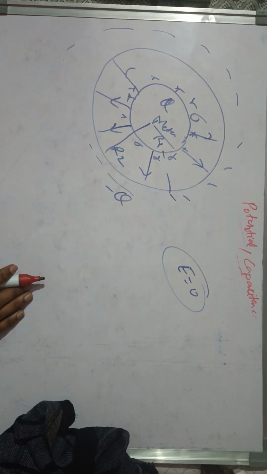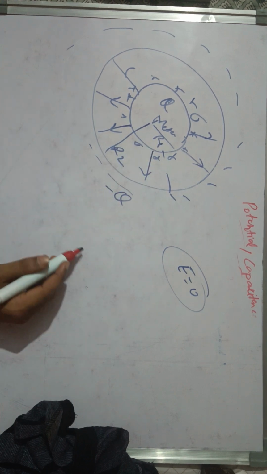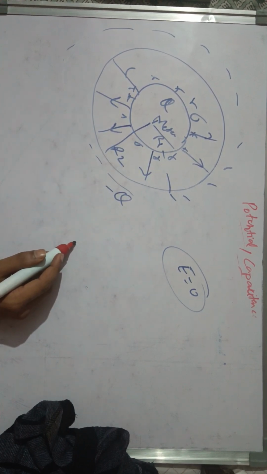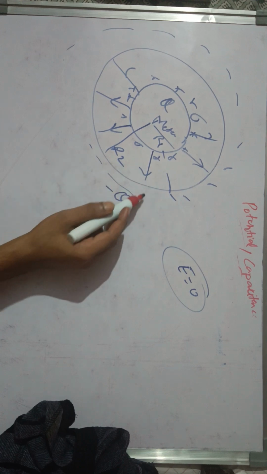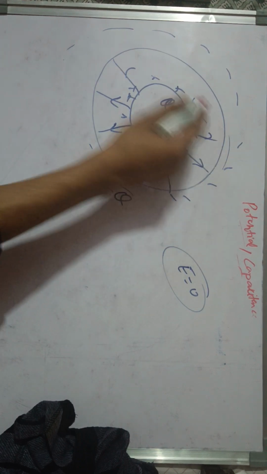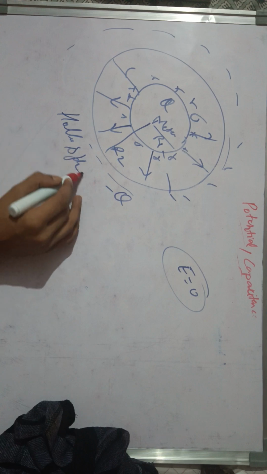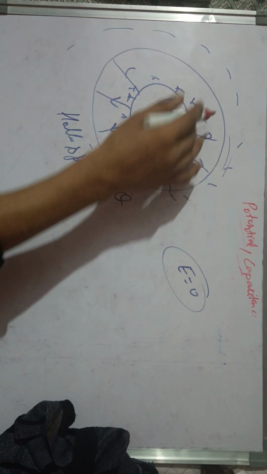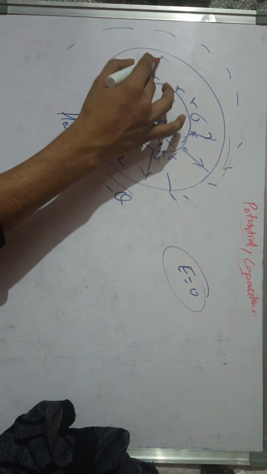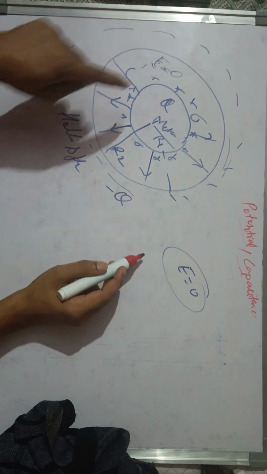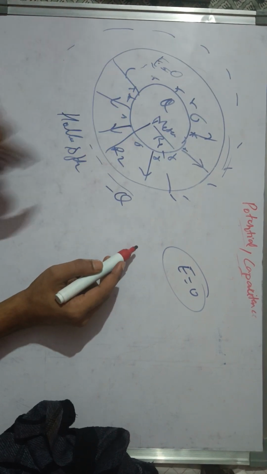So now, the electric field in this region is given. The electric field due to the outer shell, which is a hollow sphere, inside it will be 0. So the electric field in this region would be only due to this Q charge.